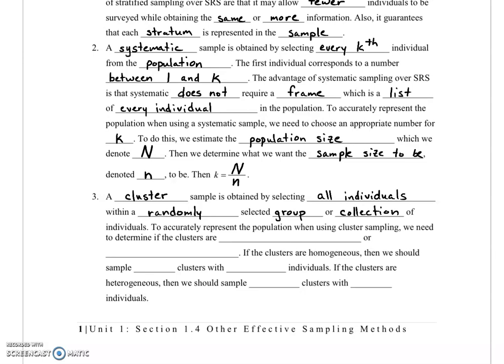So to accurately represent the population when you use a cluster sample, you need to determine if the clusters are homogeneous, remember that just means everybody in that group has a similar characteristic, or if they're heterogeneous.